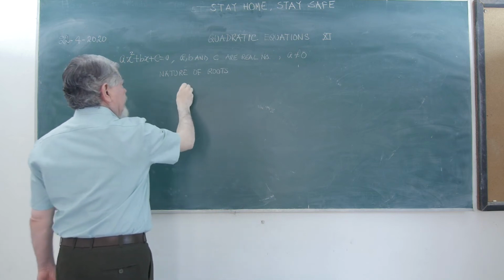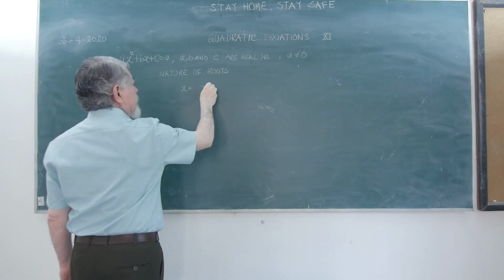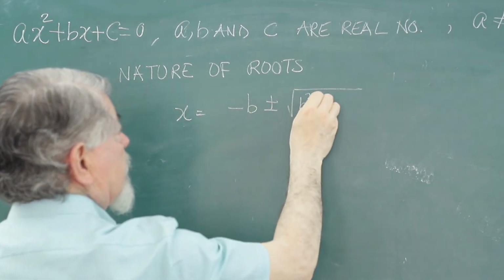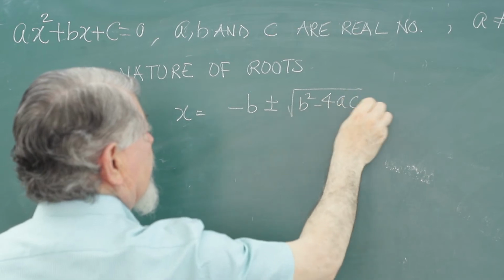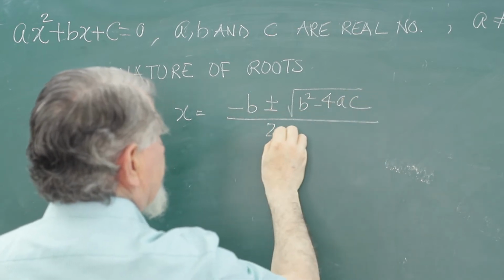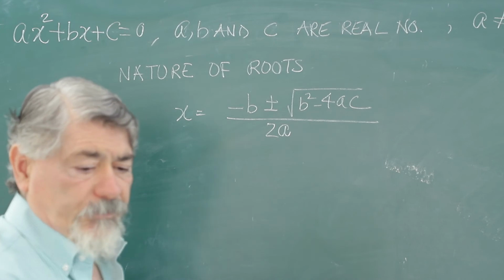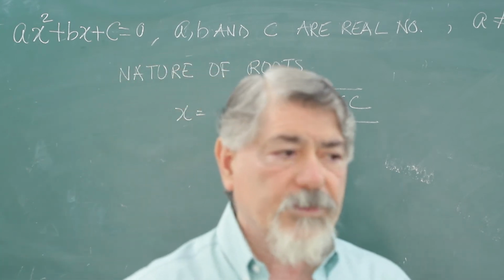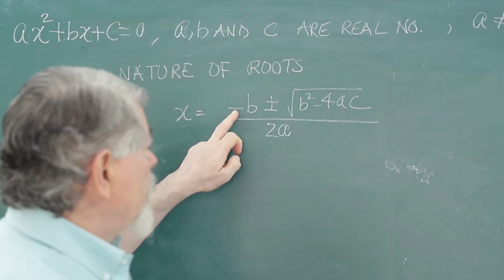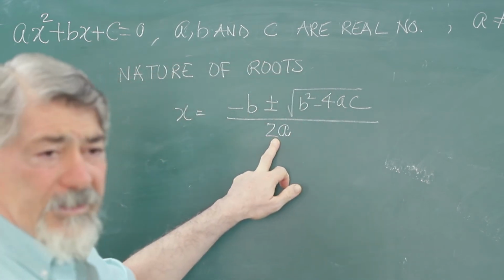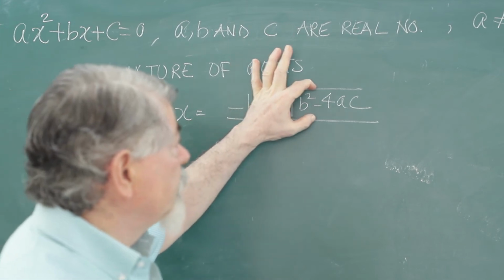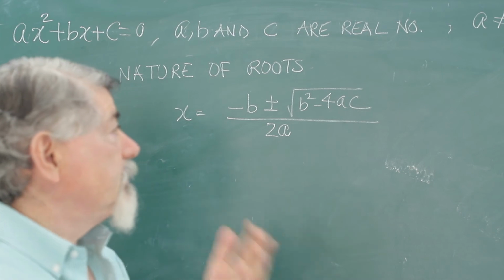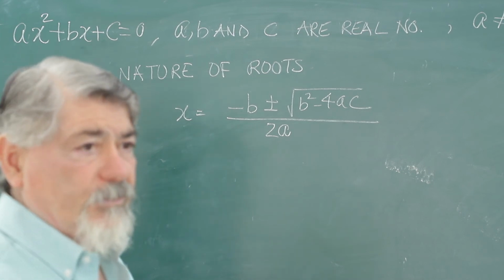Now we told you x is equal to minus b plus minus under root b square minus 4ac, which we were writing as D, upon 2a. This is the formula which we use to calculate the roots of the quadratic equation. Now minus b and 2a, it does not matter. Only the portion here, b square minus 4ac, which is under root, affects the nature of the roots.